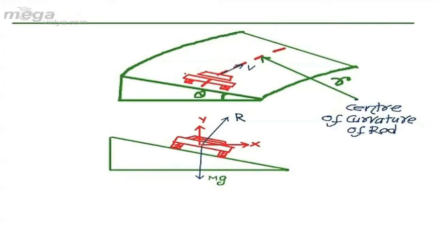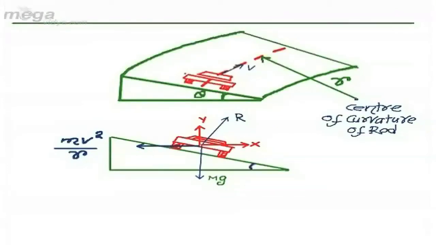So with respect to the chosen reference frame, there will be one pseudo force acting on the car, and this pseudo force can be taken away from the center of the circular path, obviously in this direction, and this centrifugal pseudo force will be mv square by r, where r is the radius of the circular track.